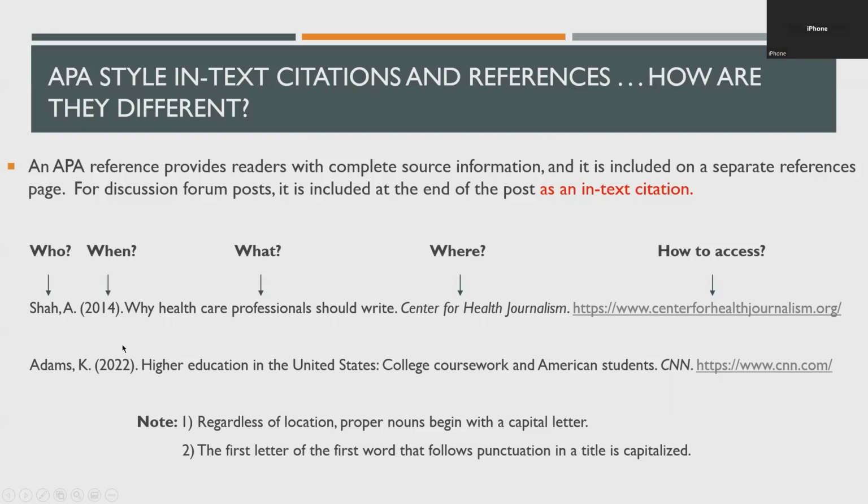So by and large, you're not going to put the month. For most of your references, you don't need to include the month. You're just going to include the year that it was published. But occasionally, some types of sources will ask you to put the month. But again, when I have a moment, towards the end of this presentation, I will look that up to double check.